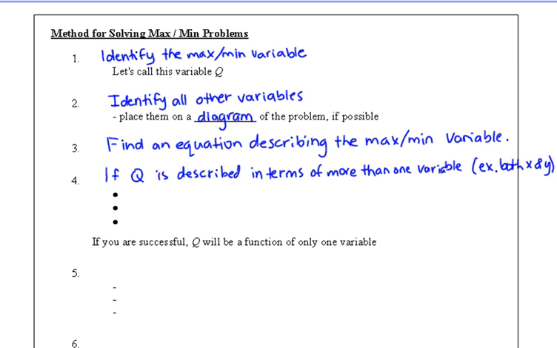So q squared equals x squared plus y squared, say. Say we are trying to maximize a hypotenuse. That's a problem if it's described in more than one variable. Okay, we always want to make it in terms of one variable.